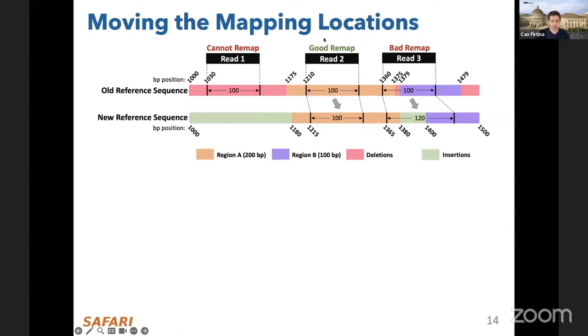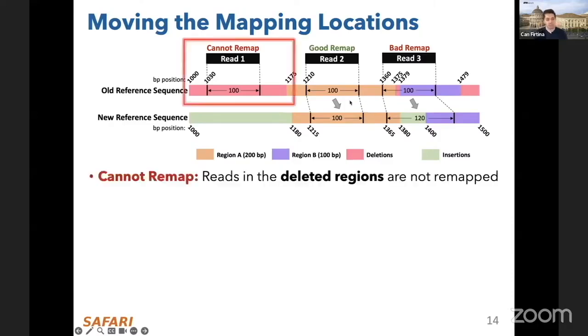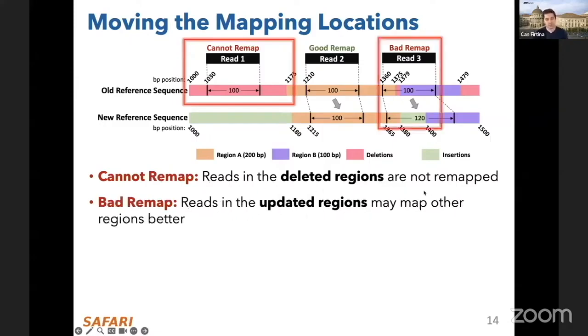Although it could still exist, it is unlikely that such a thing will happen. But there are also bad remappings. So we label them as cannot remap and bad remap. Cannot remap is the reads that are falling under the deleted or the retired regions. They cannot be remapped, so we're missing the information there.